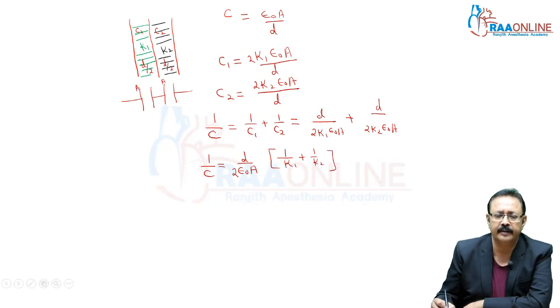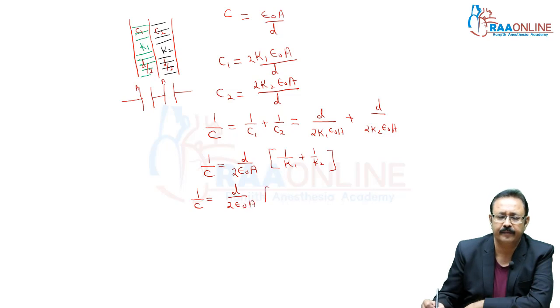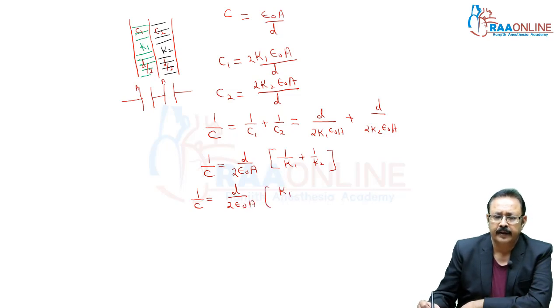So what we are getting, 1 upon C is equal to D upon 2 epsilon naught A into K1 plus K2 by K1 K2.